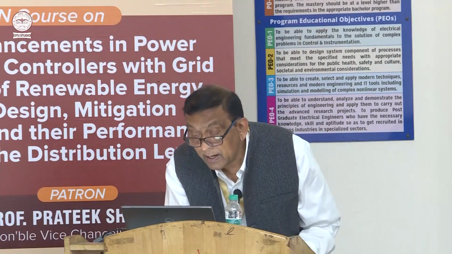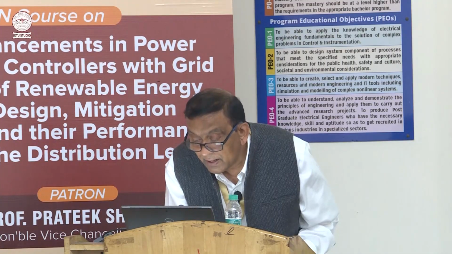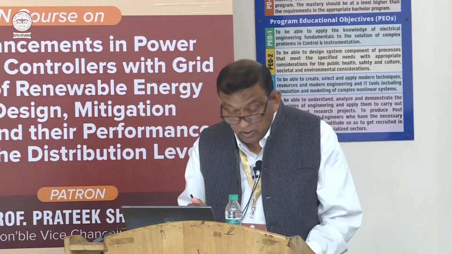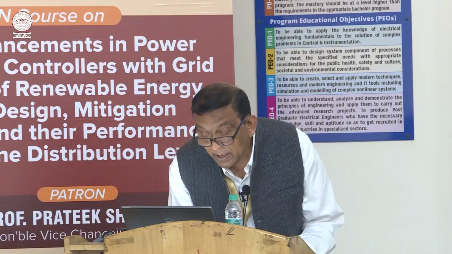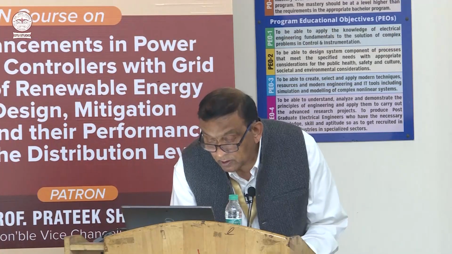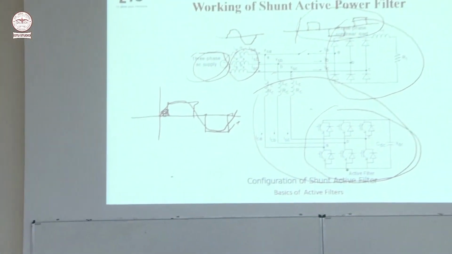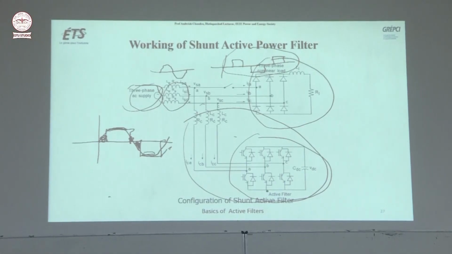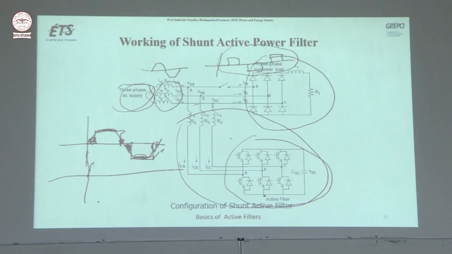So sinusoidal current means you should have sinusoidal current like this here, supplied by the source. Okay, so what is the difference between the two? Suppose you have this sinusoidal current of the source, but on the load you have this kind of current. See, this is the difference between the two. So basically it will be something like this.